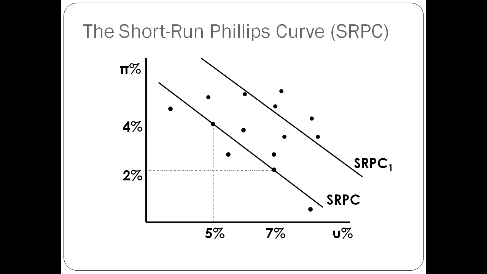Okay, so in this case, because the short-run Phillips curve shifts to the right, that would mean that the short-run aggregate supply curve would have shifted to the left. So just remember that the Phillips curve, at least the short-run Phillips curve, is going to move the opposite way of short-run aggregate supply.